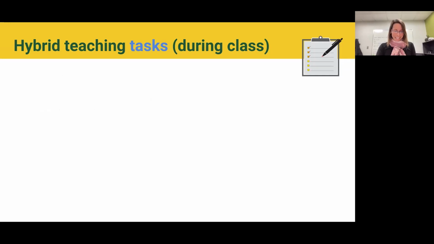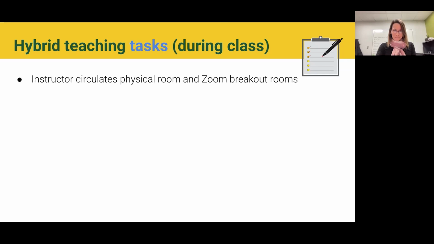During class, continued. The instructor somehow is able to circulate the physical room and the Zoom breakout rooms while students are working in groups, maybe eavesdropping, hearing what students are saying to each other, helping them stay on track or getting them back on track if they've got off track. The instructor is likely having to do some troubleshooting with technology along the way.